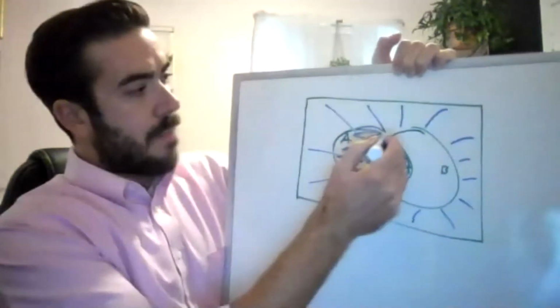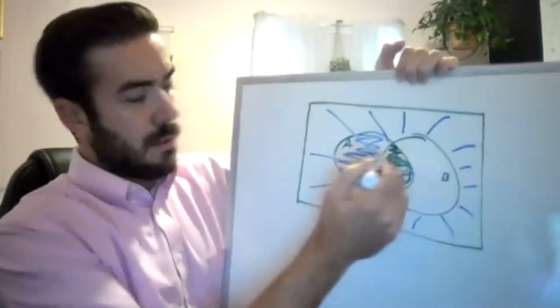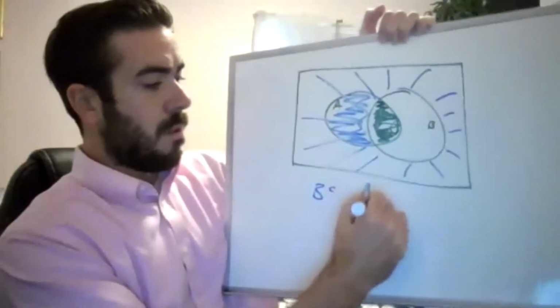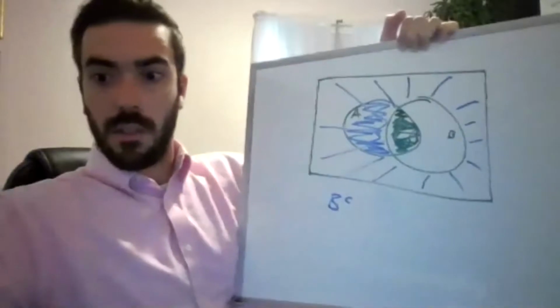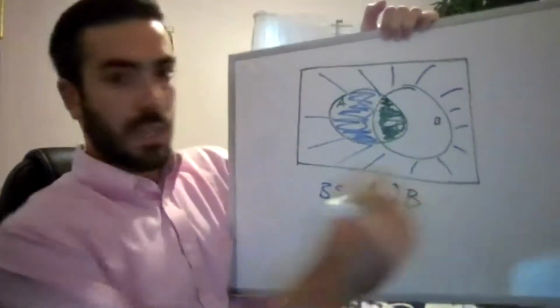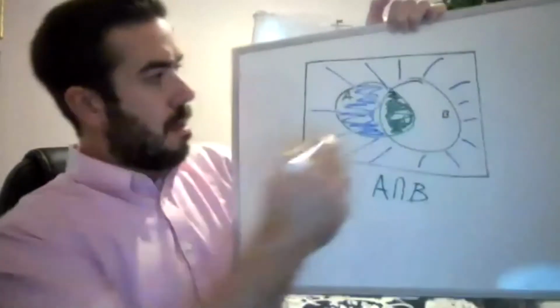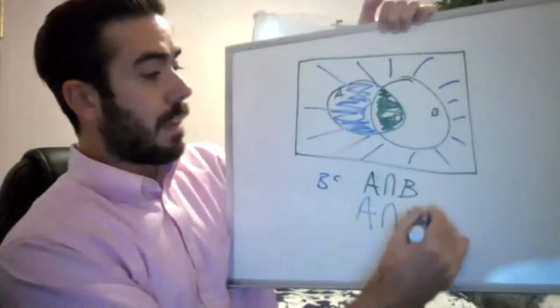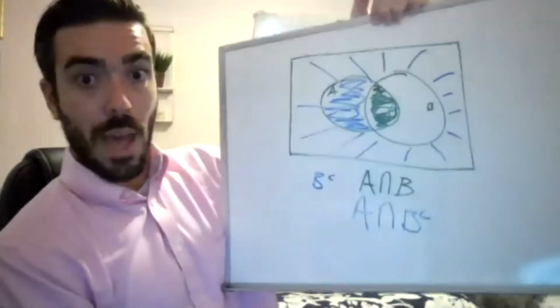Well, notice if I add those 2 guys together, I'll try to keep the colors consistent here. The green was the intersection of A and B. Blue was the intersection of A with everything that was not in B, or B complement.